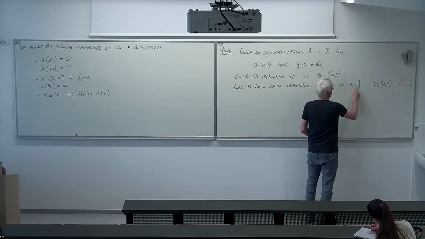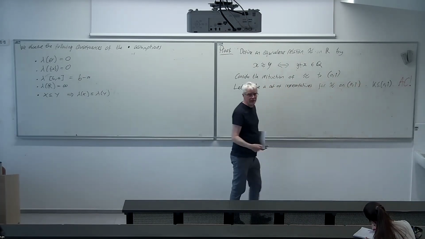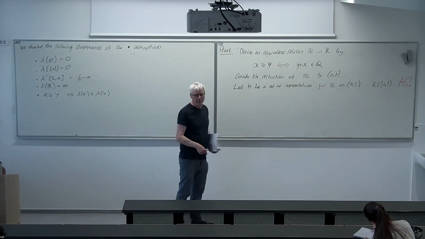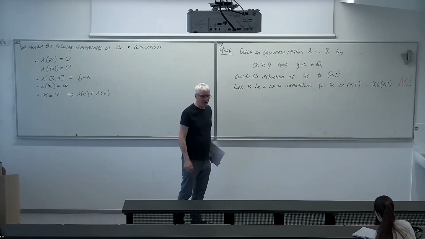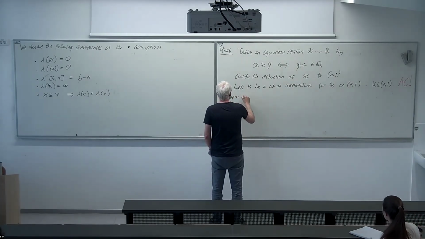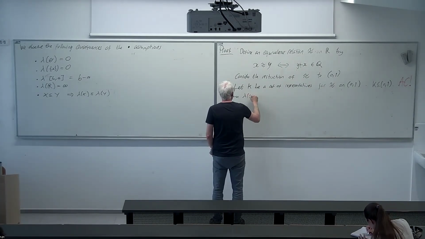We're going to start off assuming the length is 0 and get a contradiction, and then we'll assume the length is positive and also get a contradiction. So suppose the length of K is 0.